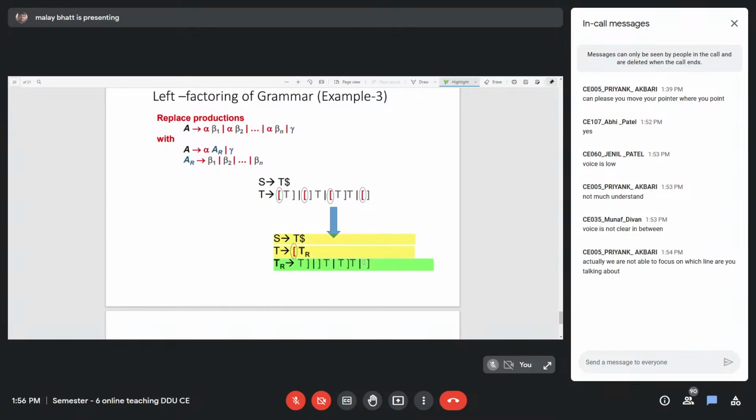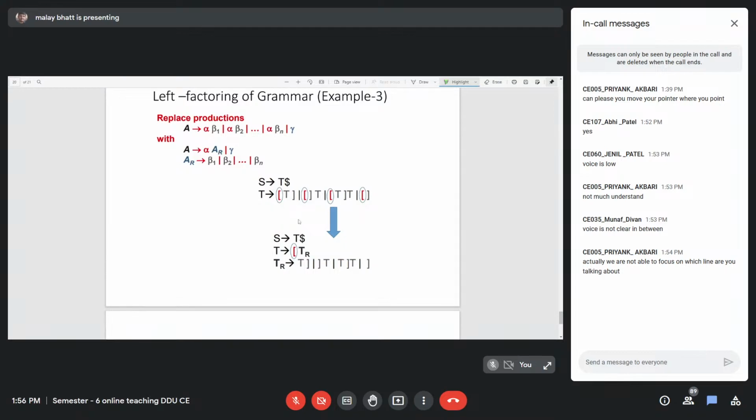So this is how we are getting this left factoring of the grammar. I hope you are getting this, how we have done this left factoring.